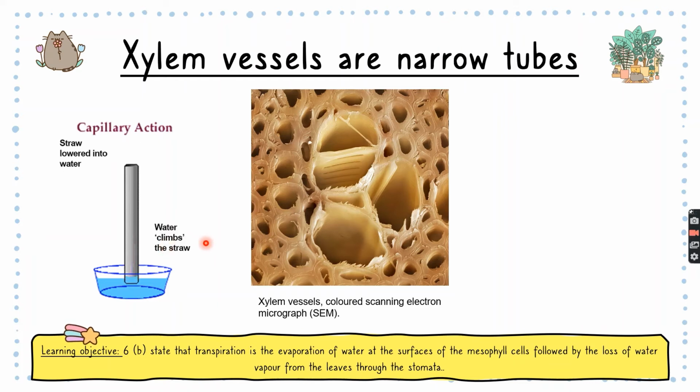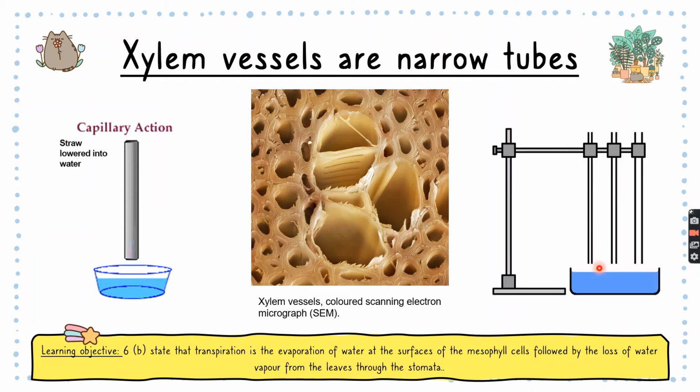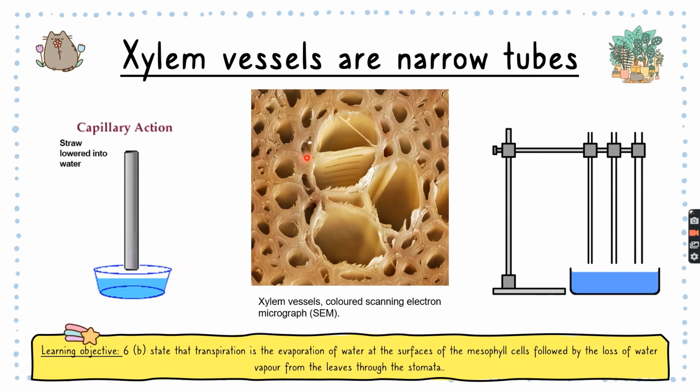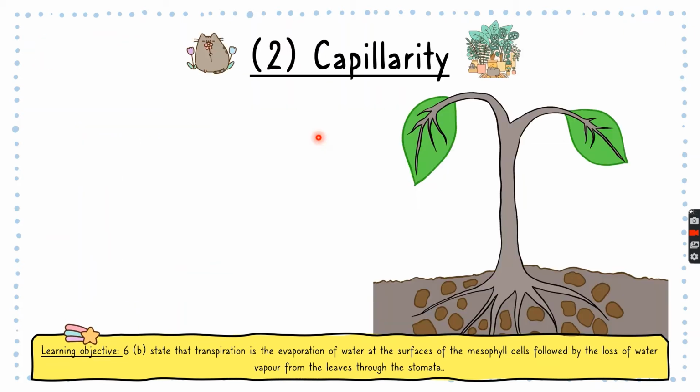It's called capillary action. And actually, the narrower the tube, the higher water will move up. So you can see over here, it moves up even more when it is in a narrow tube, and these xylem vessels are super narrow.